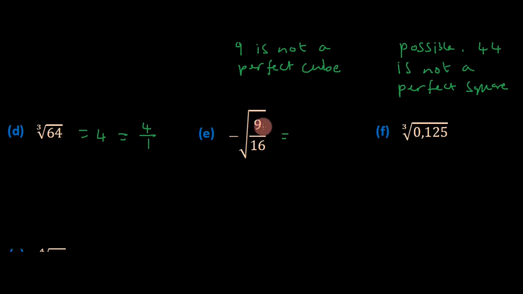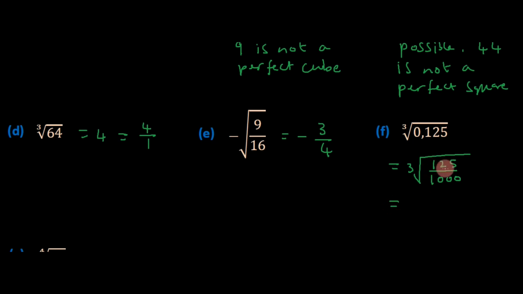Both 9 and 16 are perfect squares. So the square root of 9 is 3. And that of 16, of course, is 4. Here we have the cube root of 0.125. We can first write it as a fraction as 125 over 1,000.